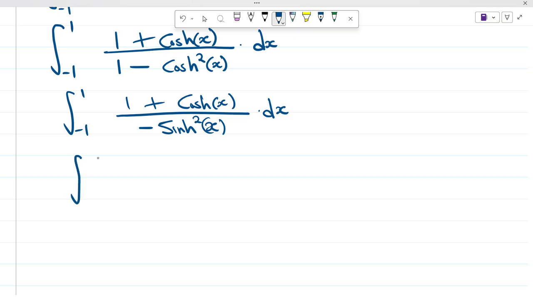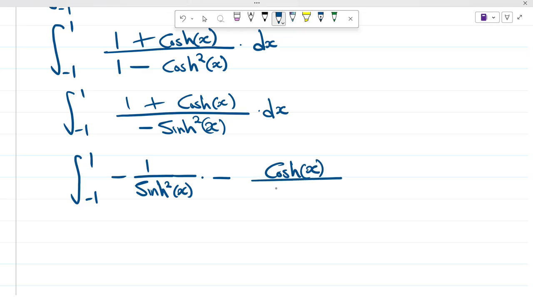At the end of the day, I'm gonna have 1 minus 1, so it's gonna be minus 1 over hyperbolic sine squared of x, minus hyperbolic cos of x divided by hyperbolic sine squared.